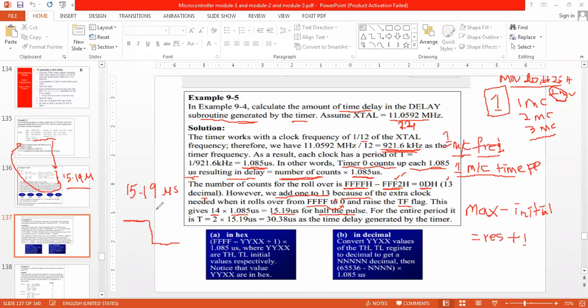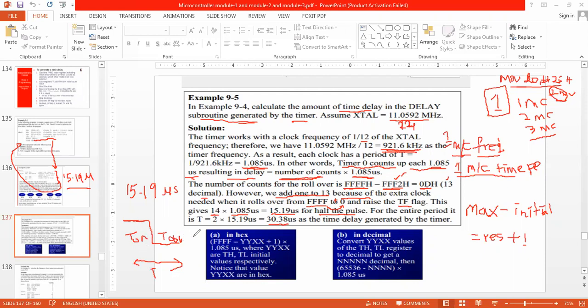So what will happen? What will be the total time period here for one clock cycle? It is 30.38 microseconds. Total T, so this is capital T, the total time period. This is T on. This is T off.